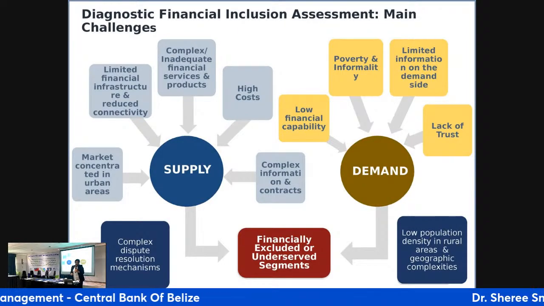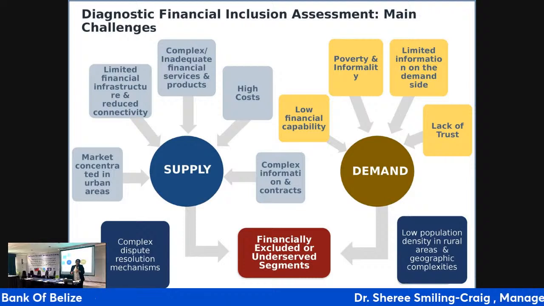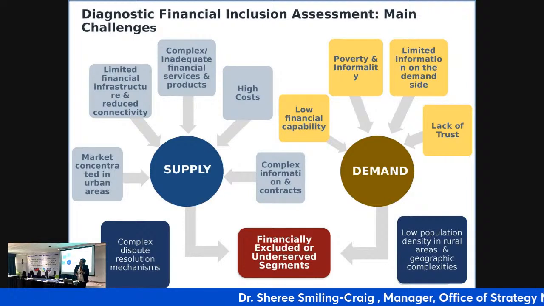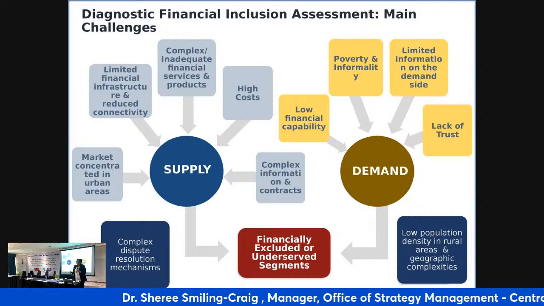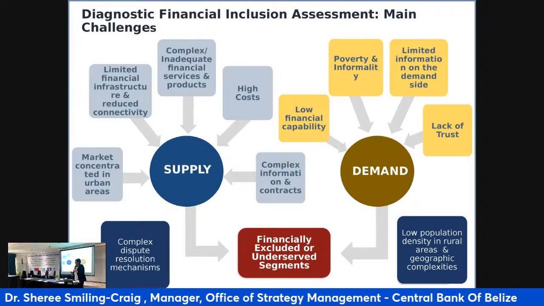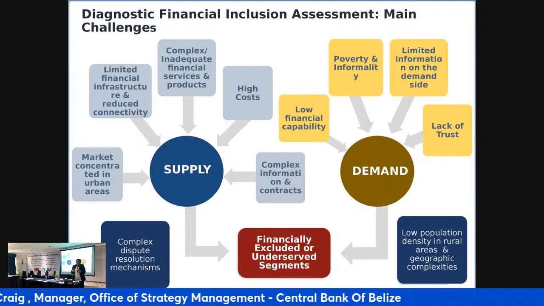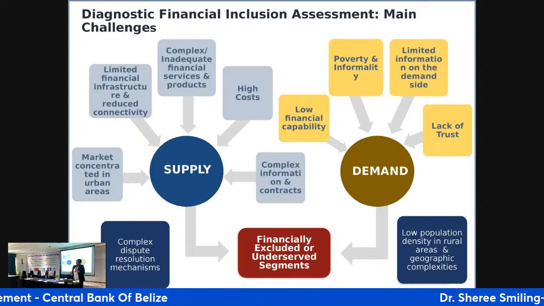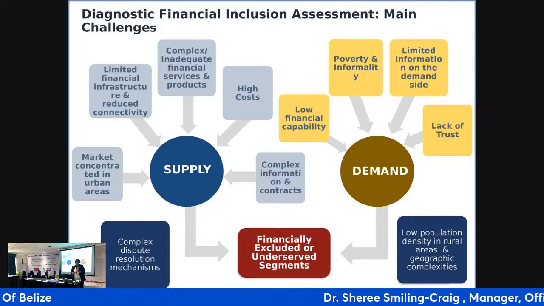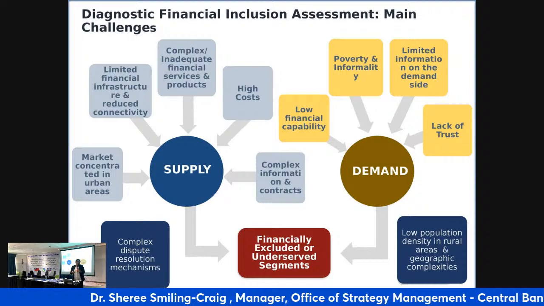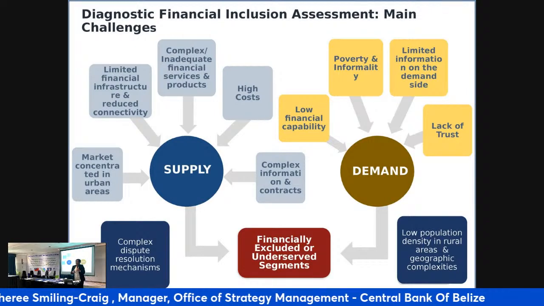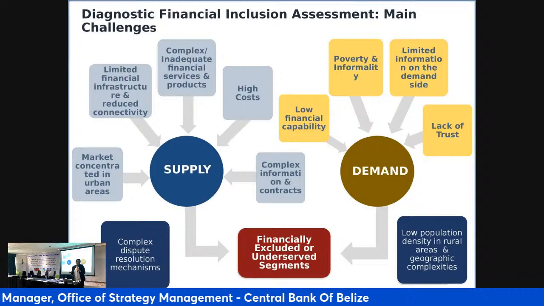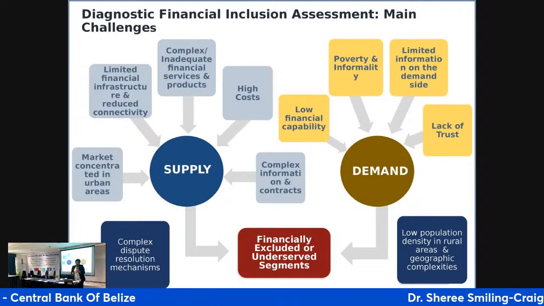When we looked at supply, we saw that the markets were concentrated in urban areas, and rural communities don't have sufficient access to financial services. There's limited infrastructure. There are complex or inadequate financial services and products, with requirements like you need this, you need that, which is quite a heavy load for the consumer in very many instances.